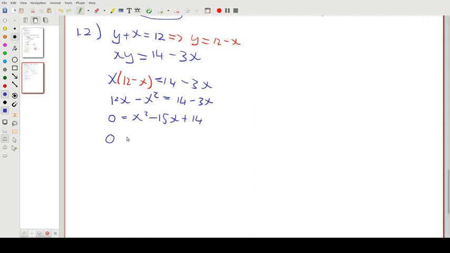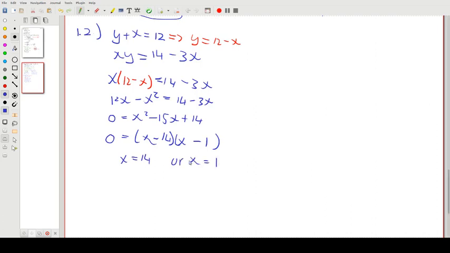Again, this one we can factorize, and for me, if I don't see the factors in like 3 seconds, then I just use the formula, otherwise it feels like I'm wasting time. So x and x, factors of 14 is 1 and 14, so minus 14 and minus 1, so negative 14 times negative 1 gives us positive 14, and negative 14x minus 1x is minus 15x. Perfect. Alright, and then we get x equals 14 or x equals 1.